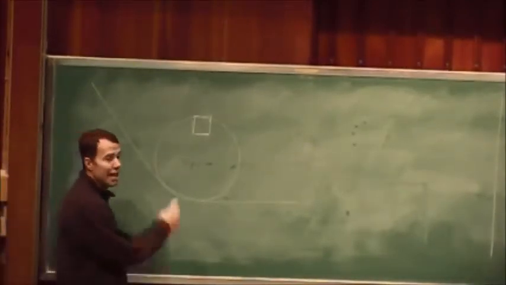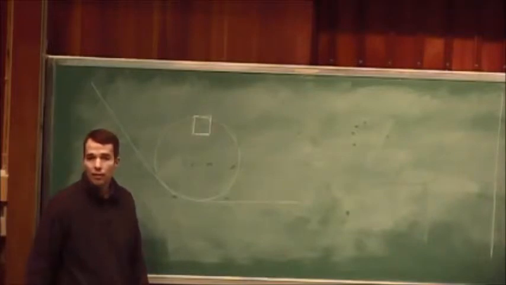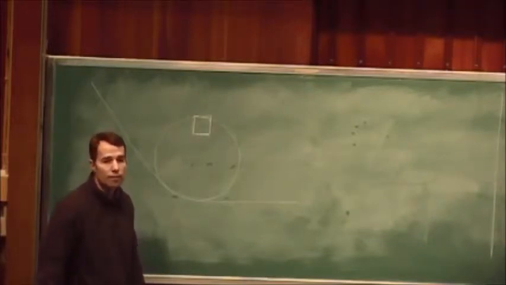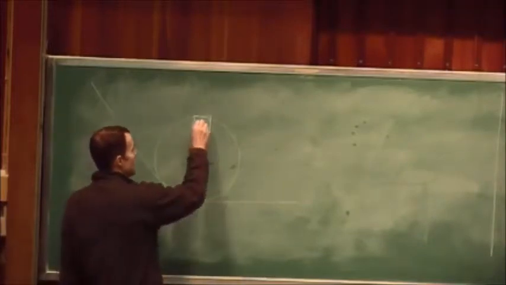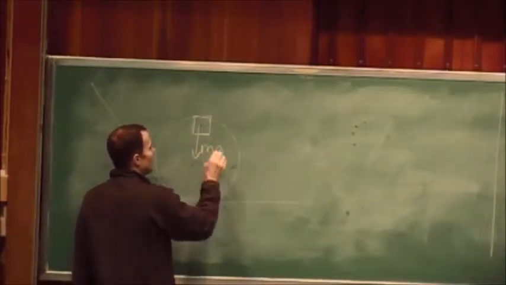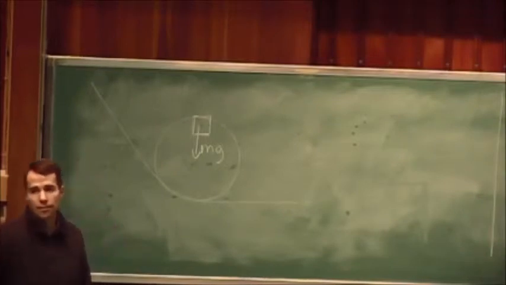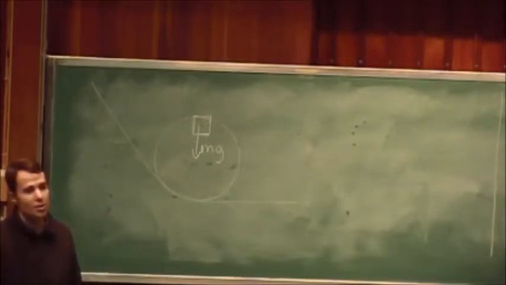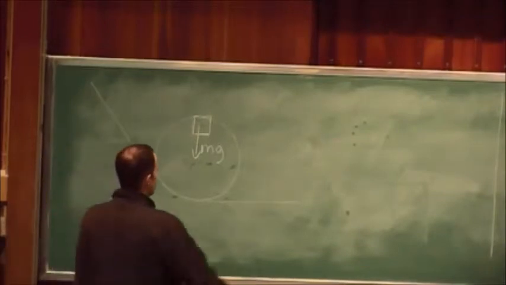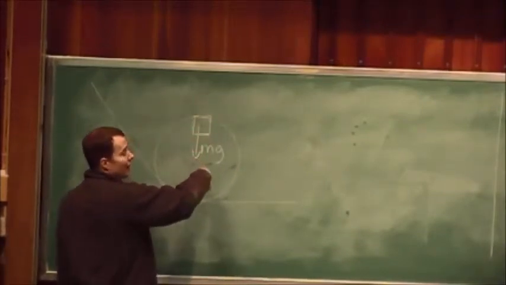So what do we need? What are the forces acting on this? Okay, so we have mg. What else do we have? Which direction is the normal force? Down, right? Because the normal to the surface is now down.